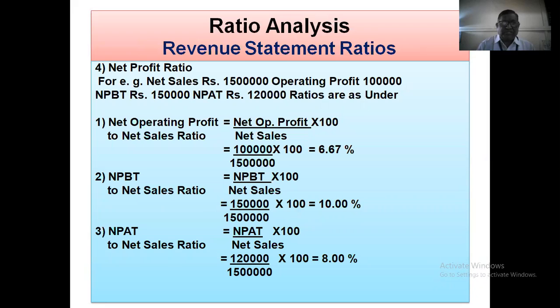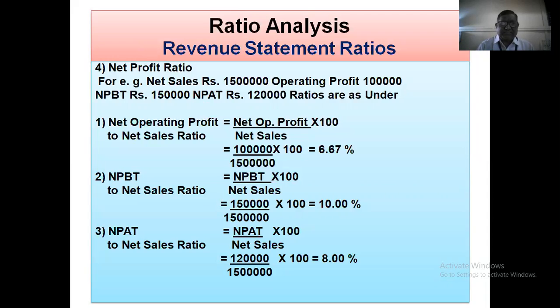Net profit ratio can again be determined in three ways. Therefore, there are three profit ratios, the first being known as net operating profit to net sales ratio.